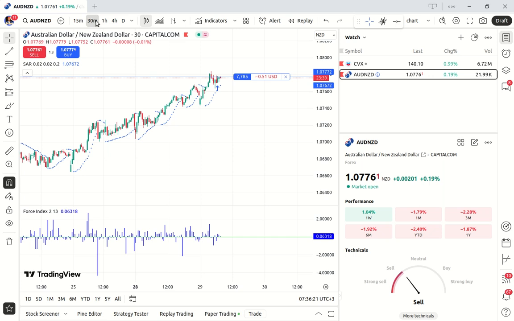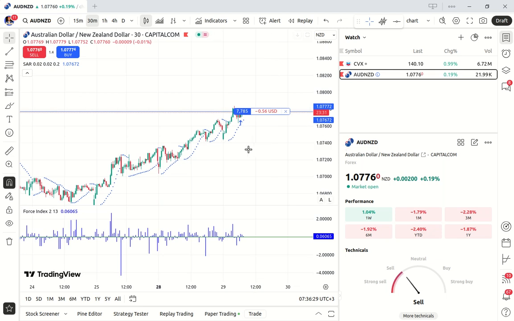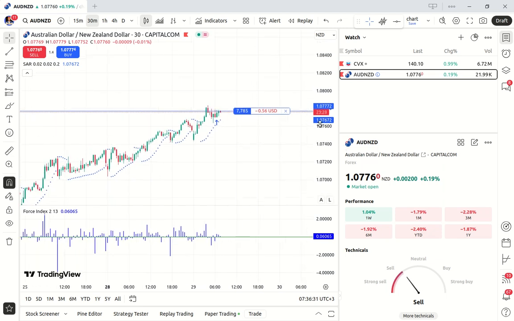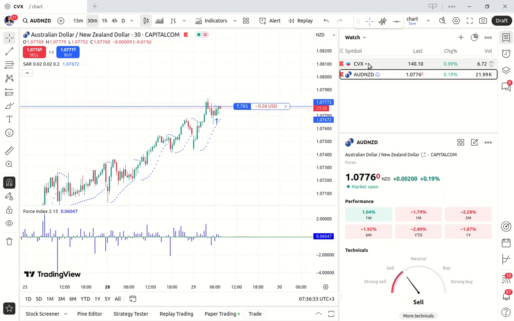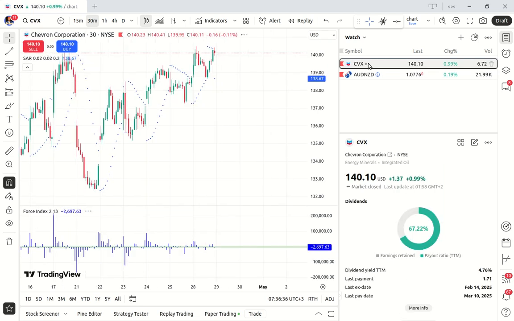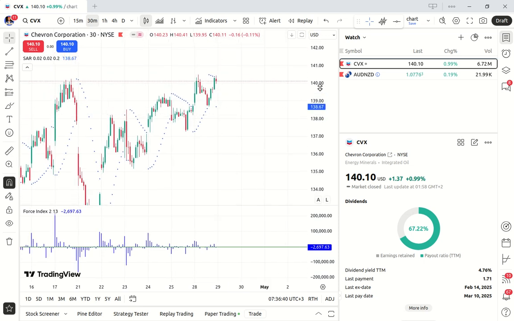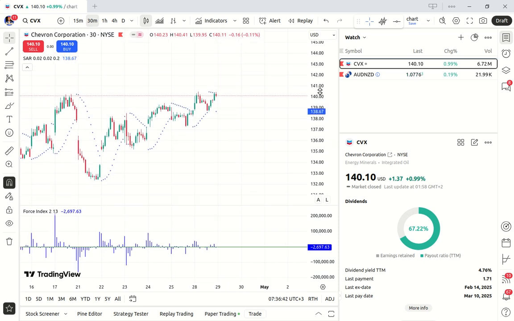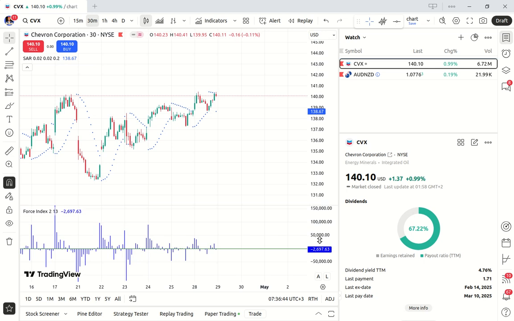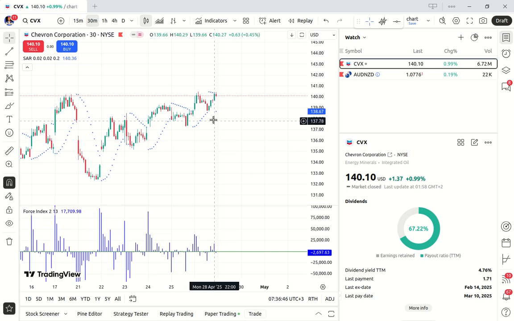But what I'm showing you is the fundamental side of technical analysis, where we're looking for demand and supply. That's why CVF is definitely a good example, with an entry on the 30-minute chart. This is a perfect entry.